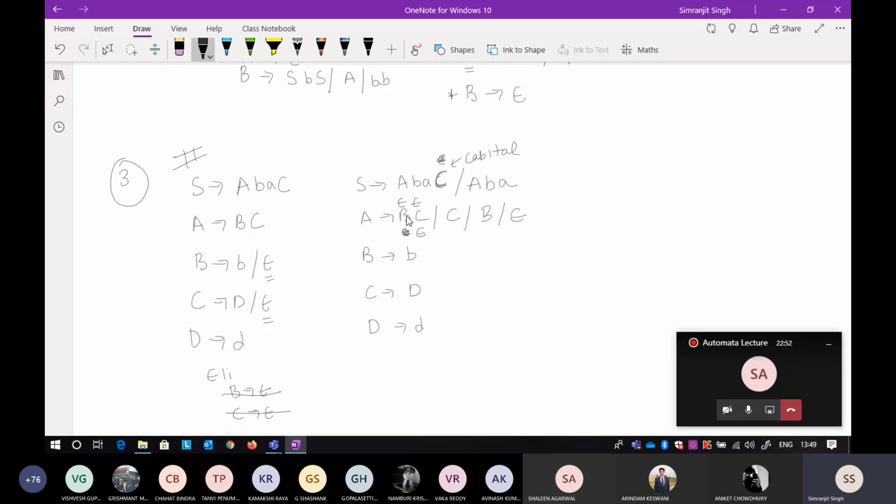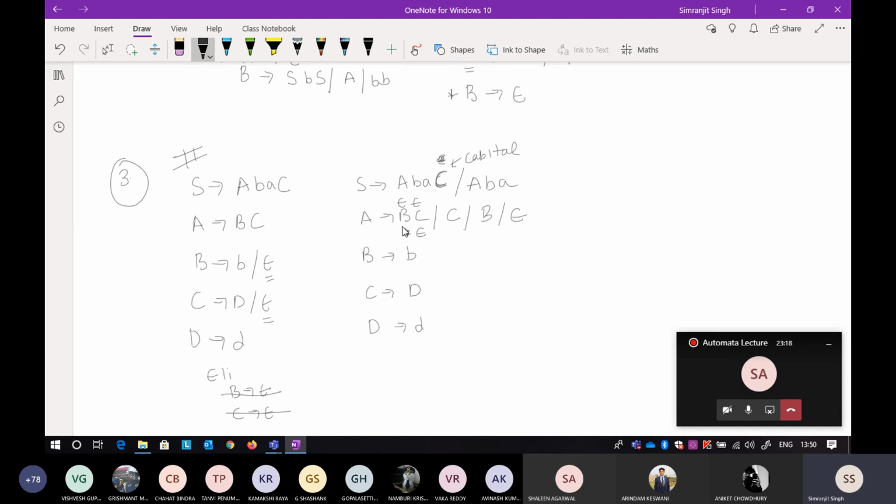The new epsilon is included in this one, so don't worry about that. We will take this in the next step, but first of all consider this one, and that is fine. After doing this one, here do not include epsilon, here do not include epsilon, and I think the result is here. So for the first one the result is there.